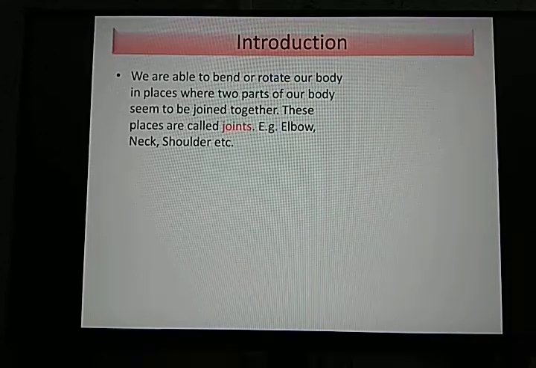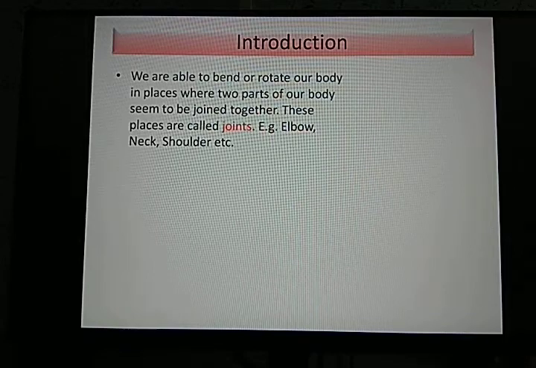First we'll be discussing what joints are and how they are useful in our body. As we know, we are able to bend or rotate our body in places where two parts of our body seem to be joined together, and these are called joints.